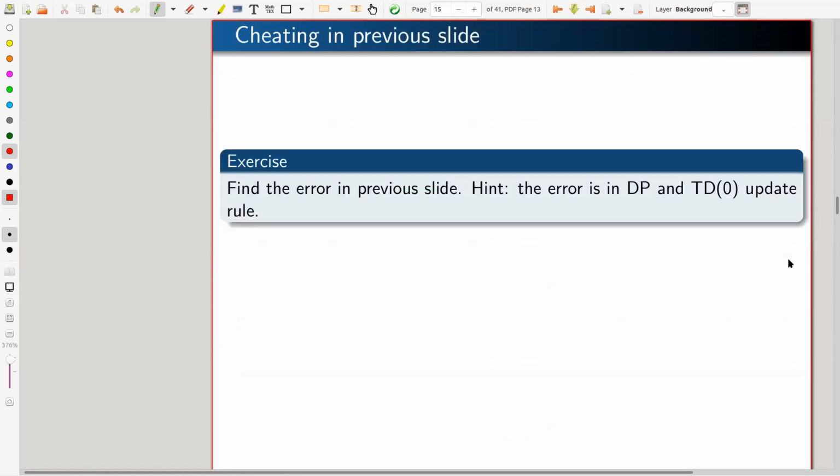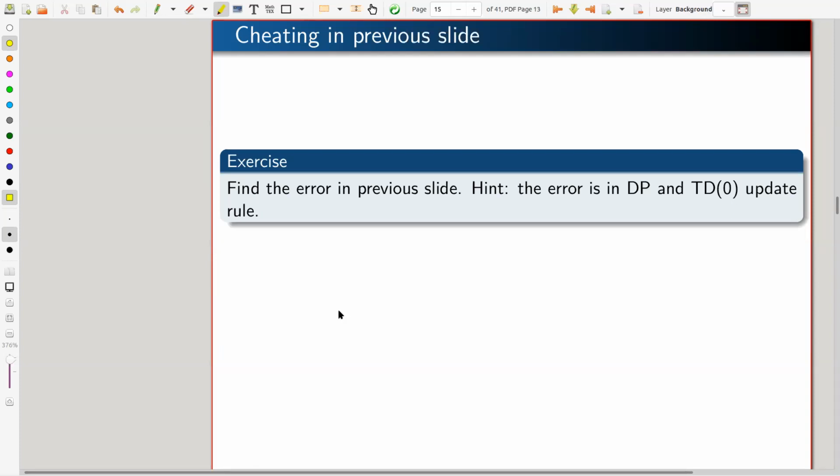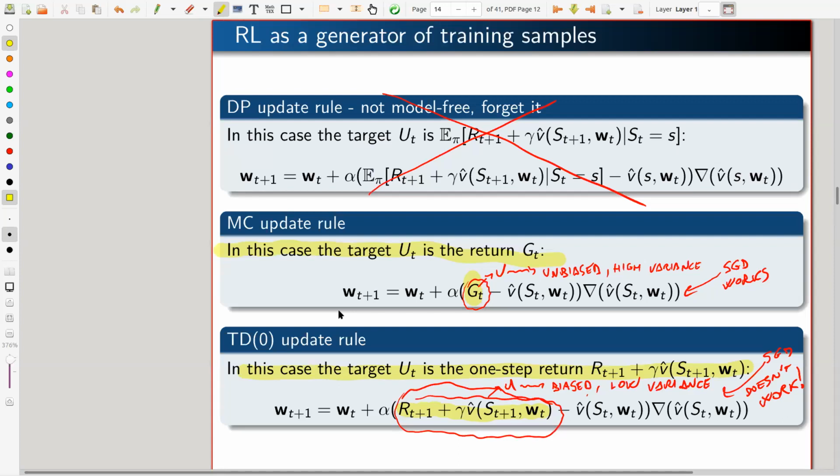And this takes us to the next slide. That is exactly the fact that this target depends on W, and thus the update rule uses only part of the gradient, which we have seen. For this reason, this kind of algorithm, updating the parameter value with that update rule, we can still do. Nothing prohibits us from doing this, right?